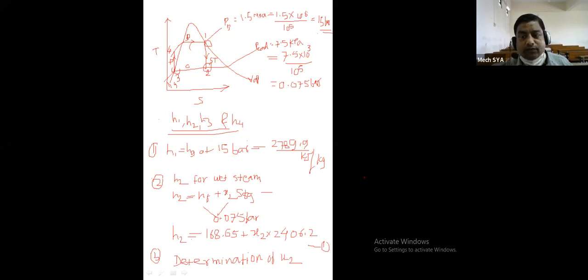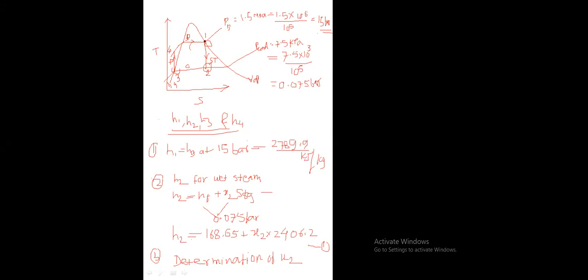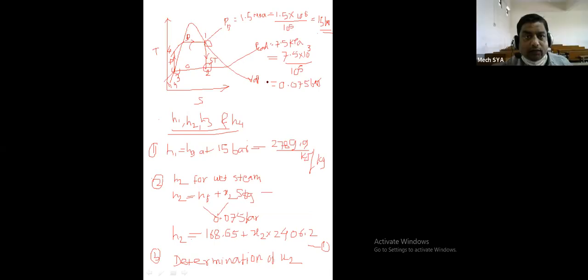We have to use the steam table also. H1 is equal to Hg at 15 bar, because it is lying on the vapor line. The value we have to record from steam table number 2, where saturation pressure for water is given.